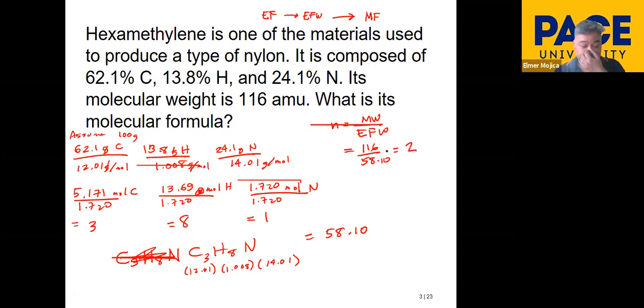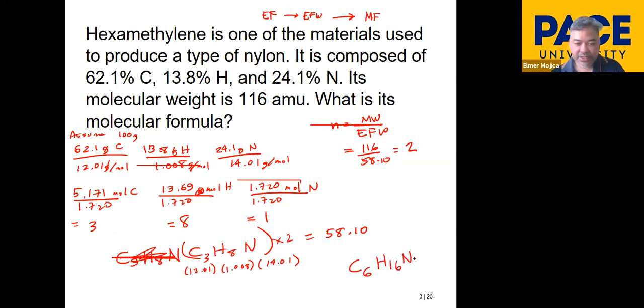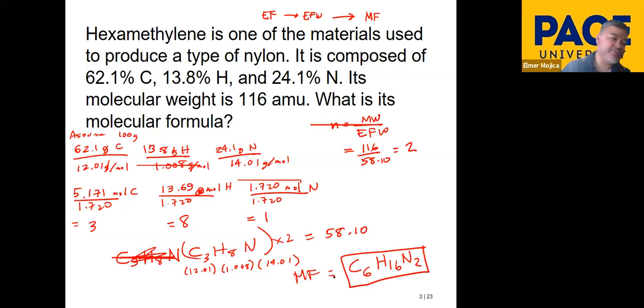So that's around 2. So you're going to multiply that one here, and you end up getting C6H16N2 as your molecular formula.